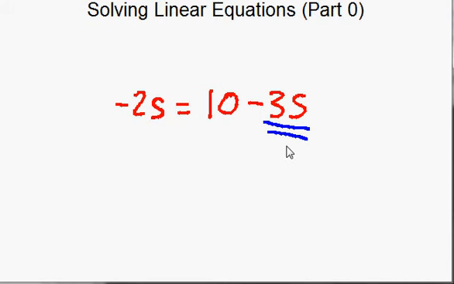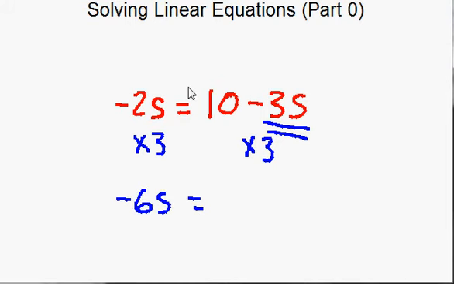Well, what's one possibility? Multiply by 3? Well, let's just try it. Let's see if it gets rid of it. So if I multiply the right and left by 3, on the left, what do I have? -6s, right?